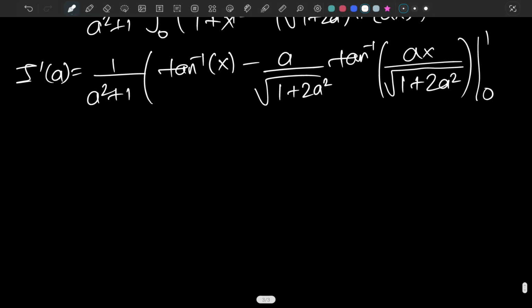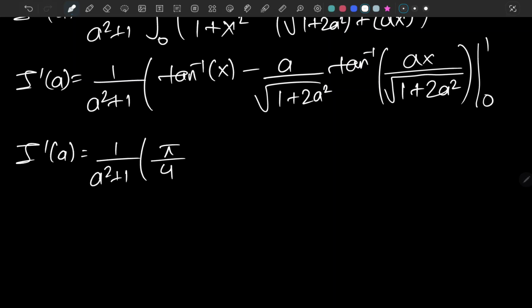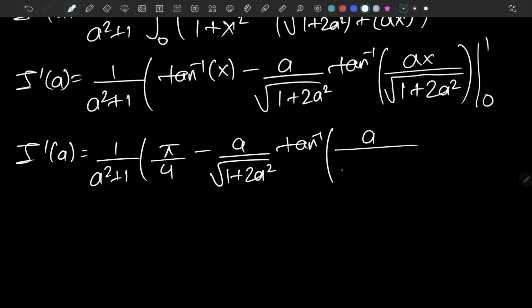Okay, so after just plugging in all the limits, you're going to have I prime of a equals 1 over a squared plus 1 times pi over 4 minus a over square root of 1 plus 2a squared times arctangent of a over square root of 1 plus 2a squared, because when you plug 0 in both cases it's going to be 0 only, so we are not considering that one.